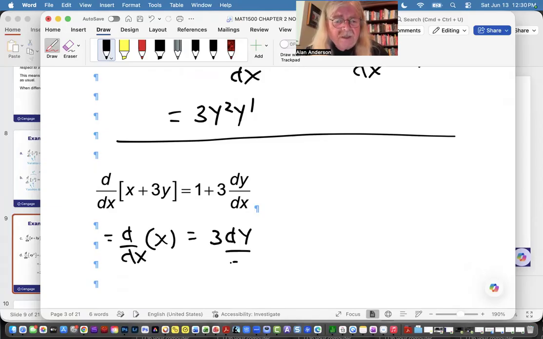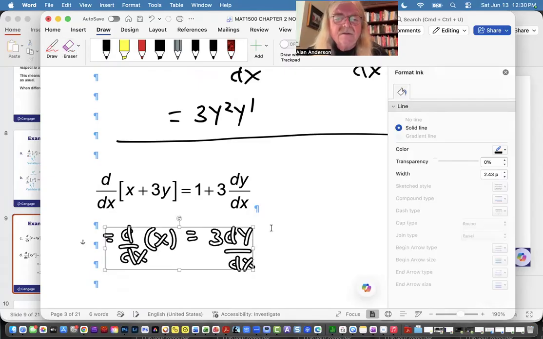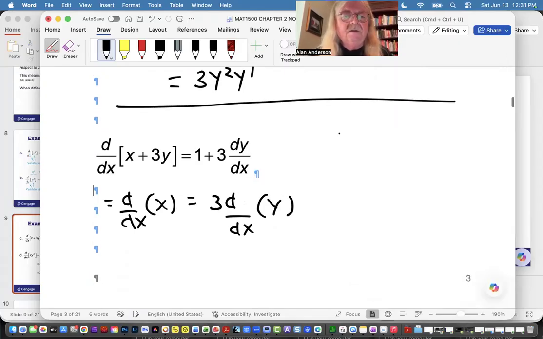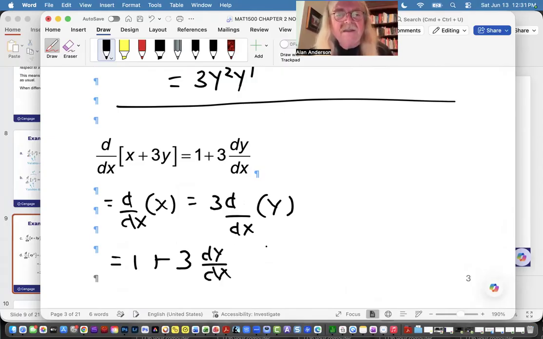Here we're going to just factor out that three. All right. So we know that the derivative of x with respect to x is just one. Over here, dy dx is just dy dx, and that's it. So that is our final result.